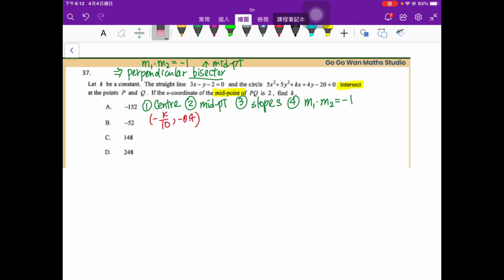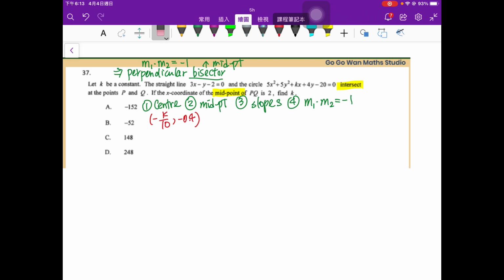Now, we observe the midpoint. In the question, the x-coordinate of the midpoint is 2. We should find the y-coordinate of the midpoint. How to find the y-coordinate?